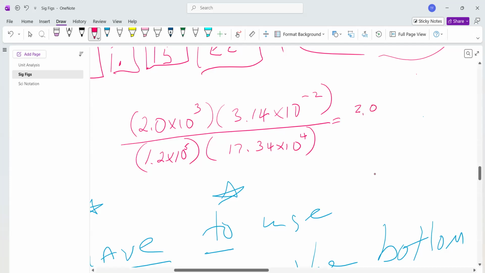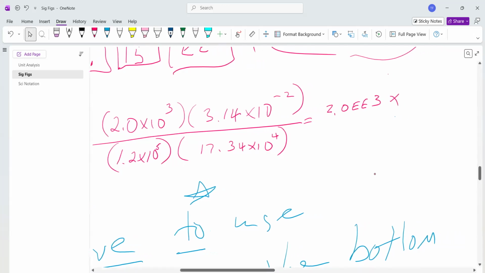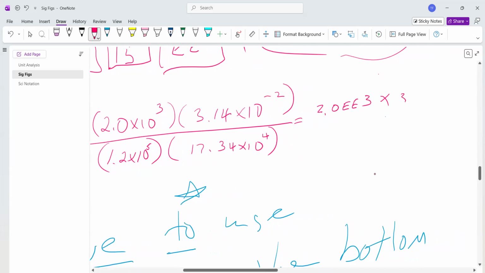2.0 EE 3, times key, 314 EE, change sign 2. Now, if you look on your calculator, there are two minuses. They're not the same. One is subtraction, the other is a negative number.